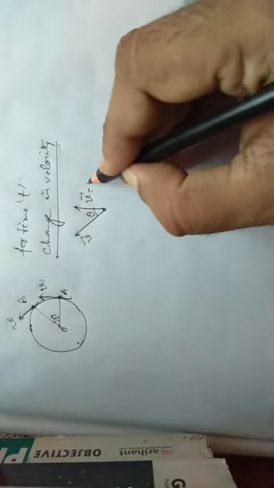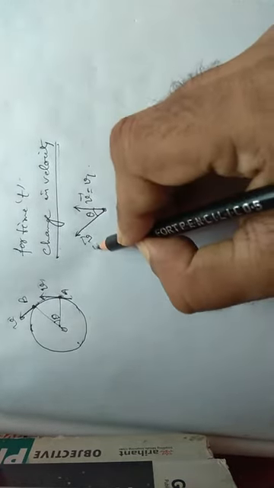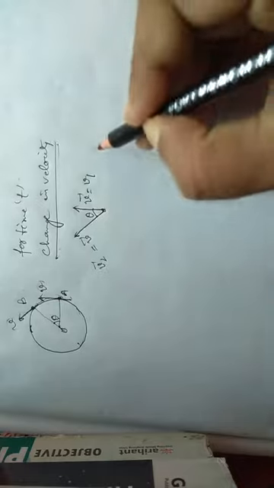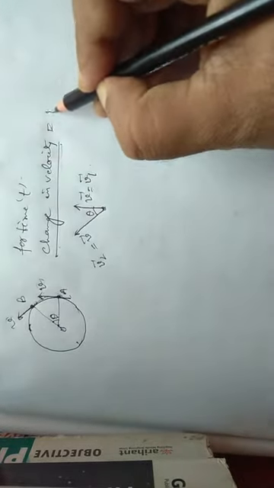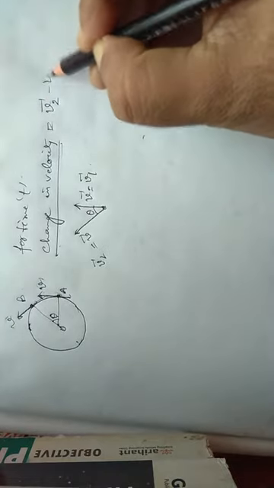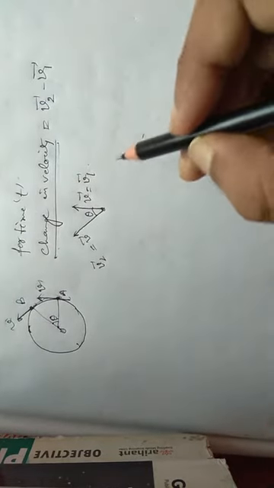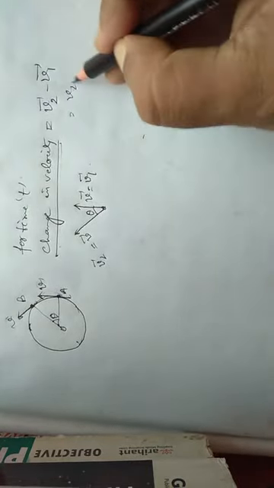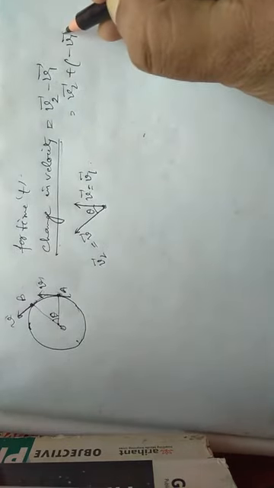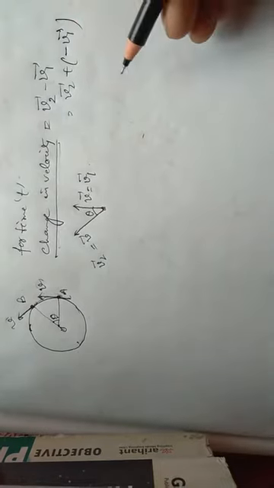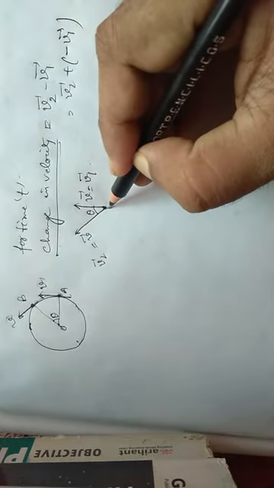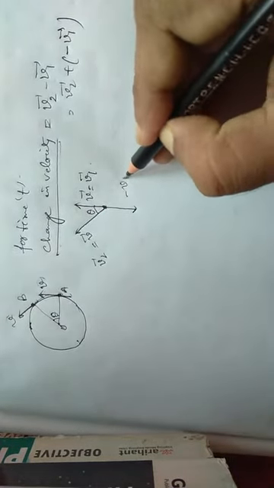Now this was the initial velocity v1, this one is the final velocity v2. To find the change in velocity, we have to find the final velocity minus the initial velocity. So v2 plus of minus v1, we have to reverse the direction of v1. This is minus v1.